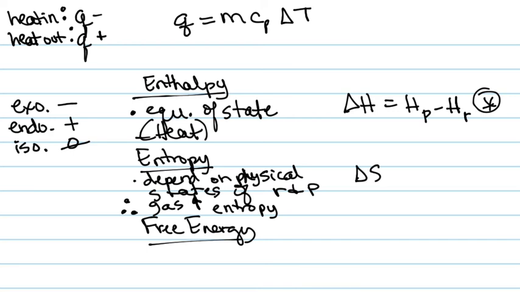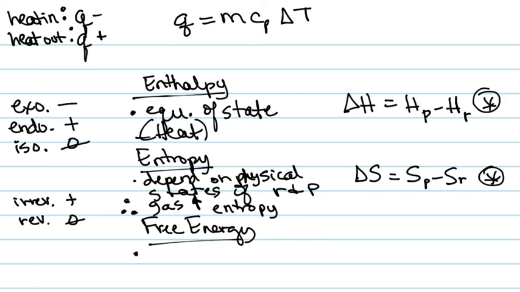Our equation for this change in entropy is also entropy of your products minus entropy of your reactants. If your entropy is of positive value, this is going to be an irreversible reaction. And if entropy is going to be 0, it is a reversible reaction.